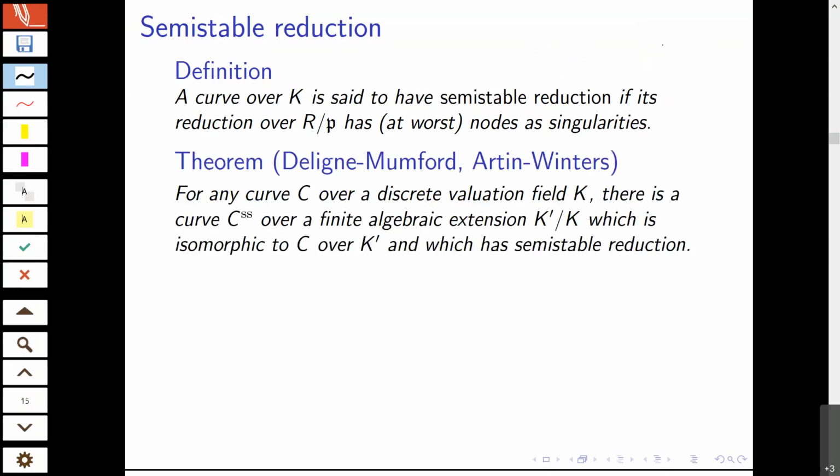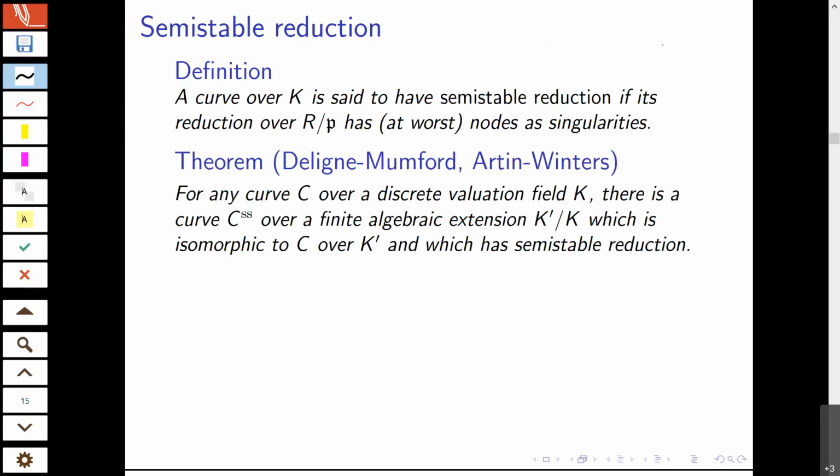And so, the motivating result, a deep result proven first by Deligne and Mumford, then a different proof by Artin and Winters, I believe, which motivates the whole project, says we can always adjust our curve somehow.